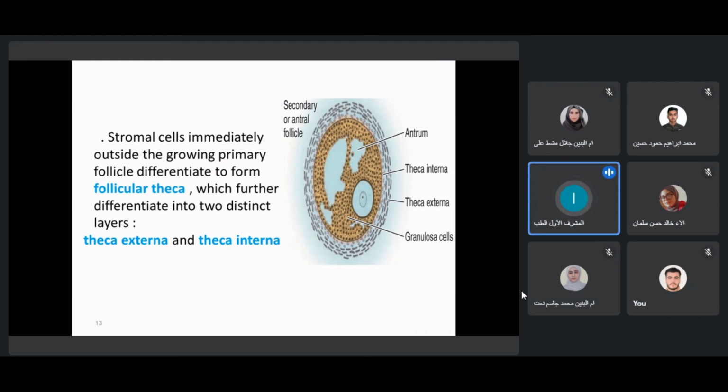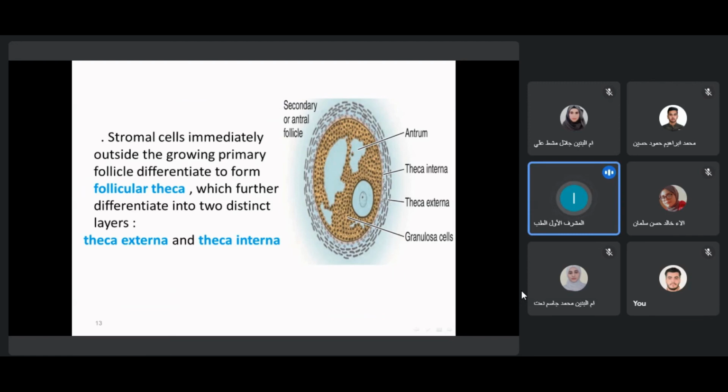The developing follicles are surrounded by these stromal cells, and the stromal cells that are immediately surrounding the developing follicles differentiate into two parts called the theca cells. The ones that are immediately around the developing follicle are called theca interna, and the outer one is called theca externa.